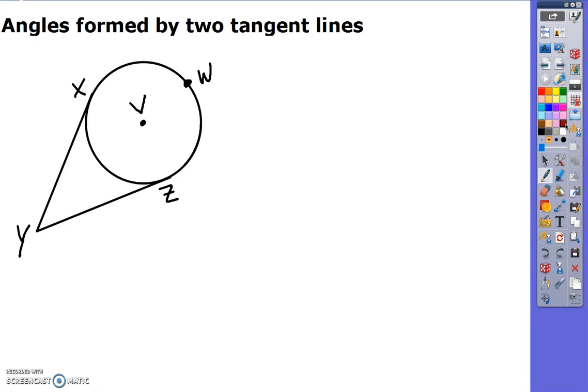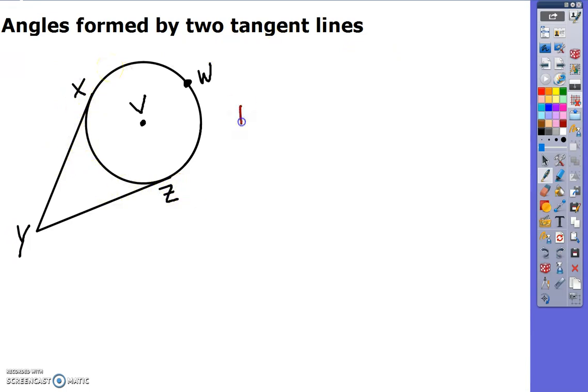So here's the next thing that happens. We have angles that are outside the circle. This angle Y is formed by the two tangent lines, YX and YZ. And so we've got that, and then we've got this arc XWZ, and what we're actually trying to figure out is how those are related. This angle is off the circle, and this one's a little bit funky, but the major arc, which is an arc bigger than 180, minus the minor arc, smaller than 180, has a relationship.